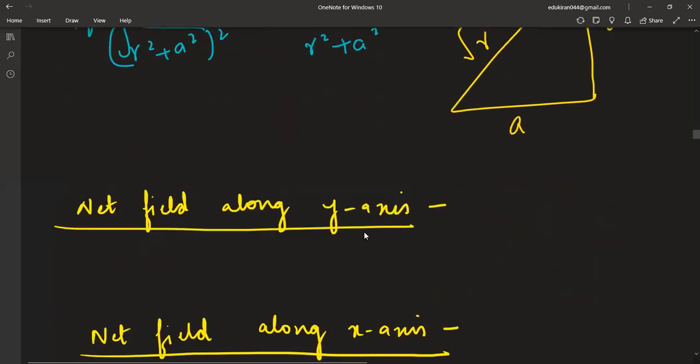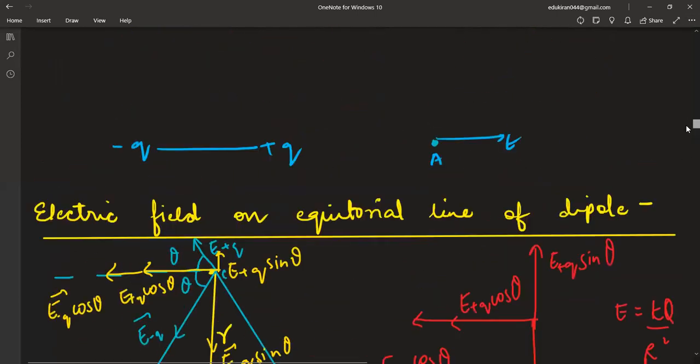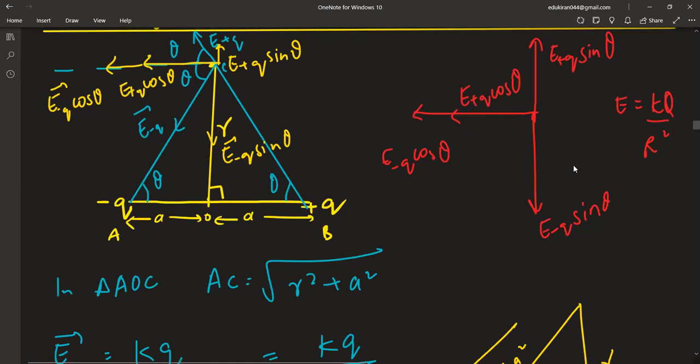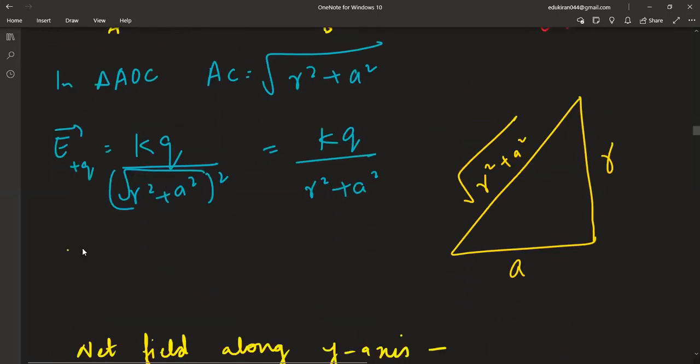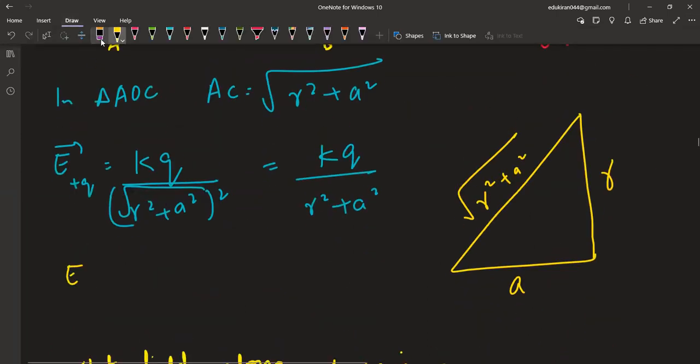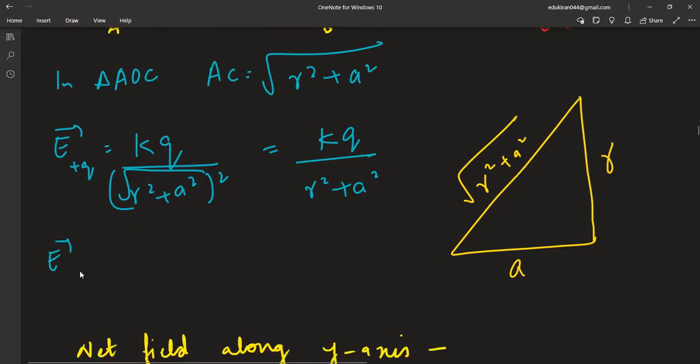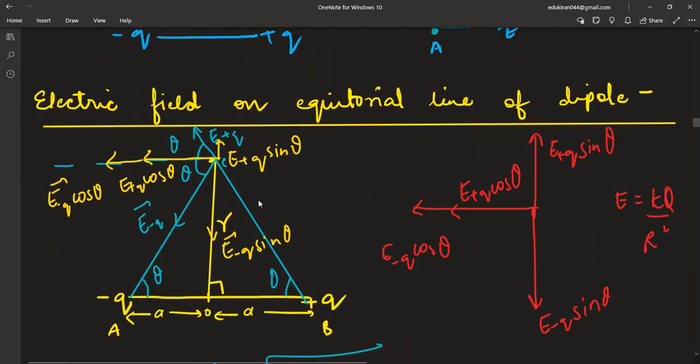Net field along the y-axis. Have a look. This is your y-axis. So E plus Q sin theta will cancel E minus Q sin theta. Why? See, E plus Q and E minus Q, by magnitude both are same. What will be E minus Q? KQ by again the separation. This separation will also be r square plus a square if this separation is under root r square plus a square.